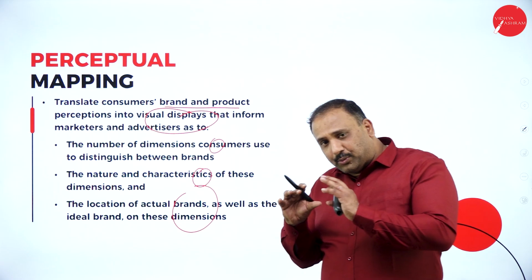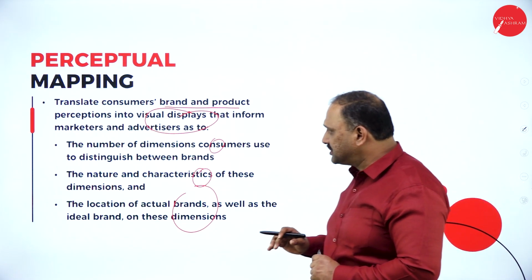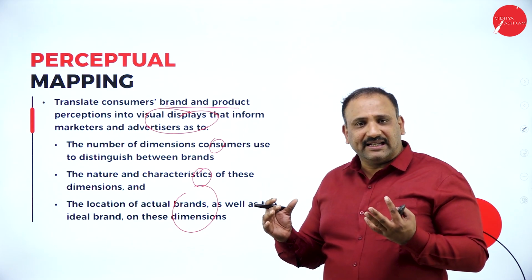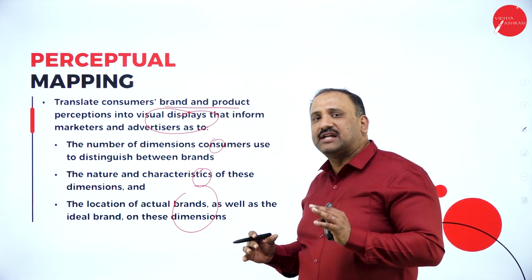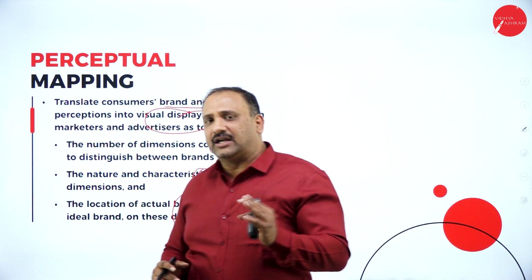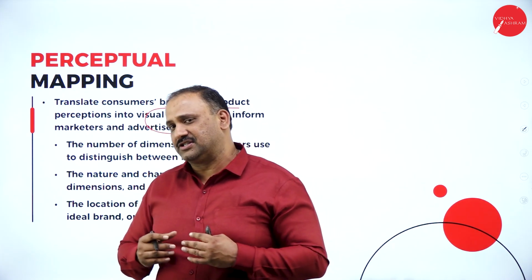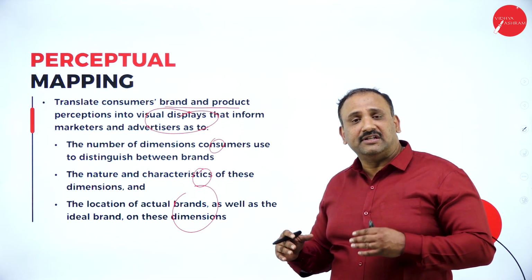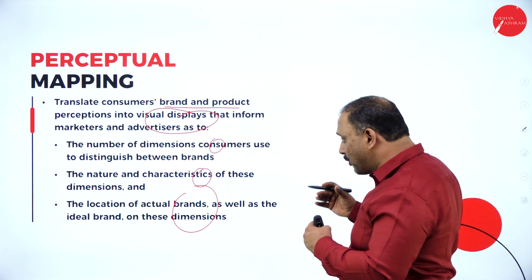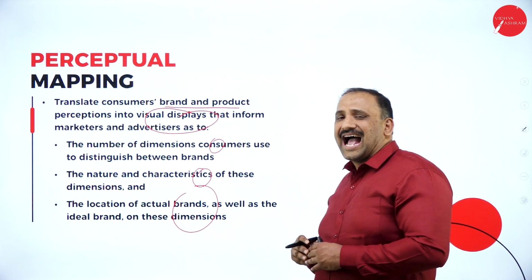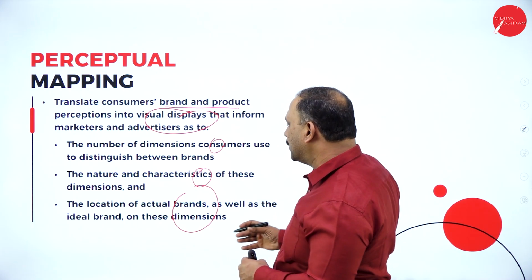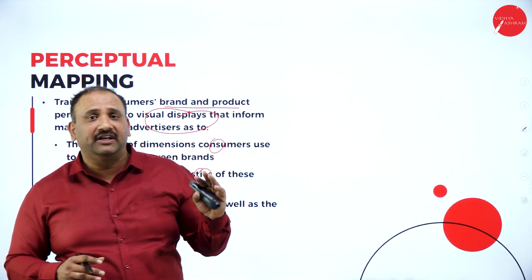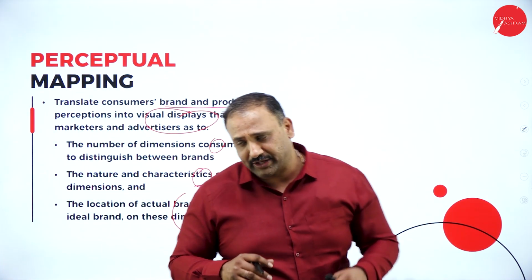When I talk about the word perceptual mapping, it means I'm translating certain things into a visual display that will actually make the marketer understand where we are unique, where the product is different from others. Why do we need to concentrate on those products? How is the difference being created? What are the actual brand locations, where do they need to be looked into, and how can the ideal brand situations be created? All this is part of great advertising research altogether.